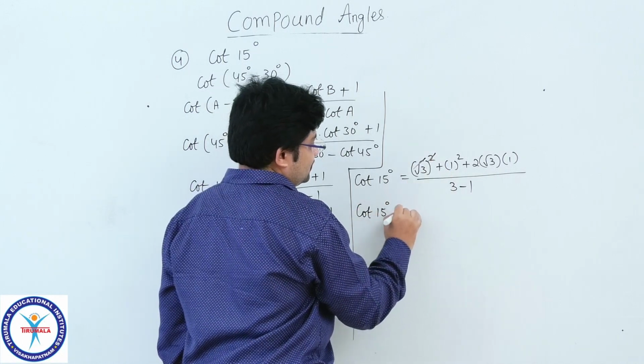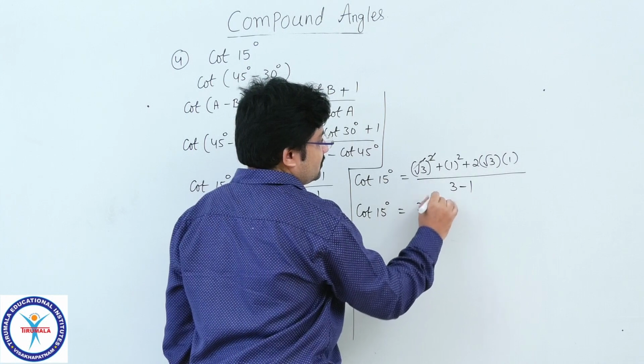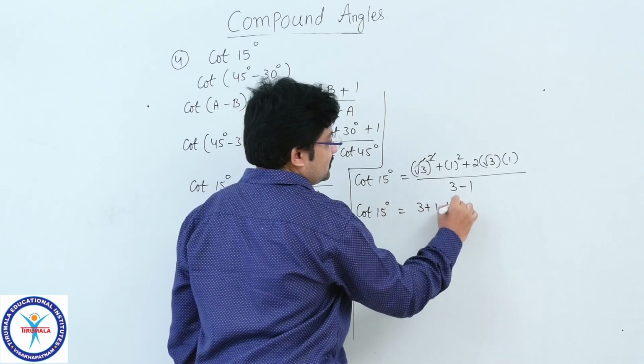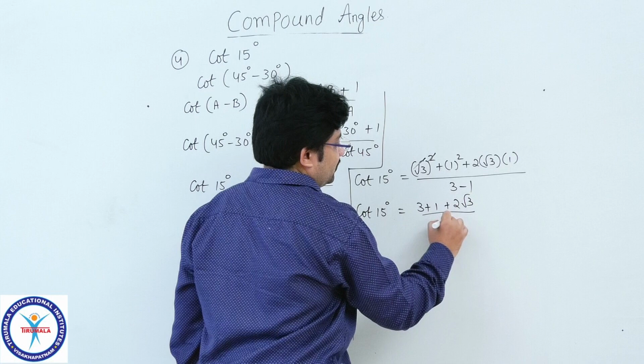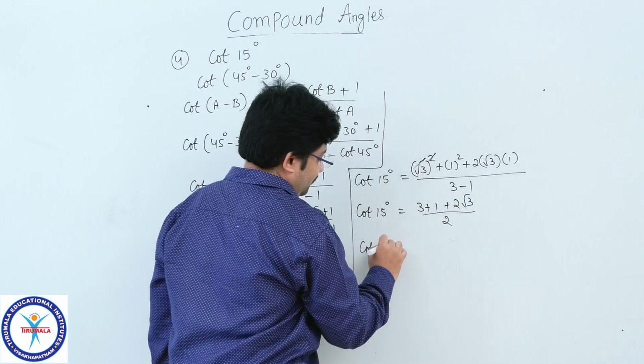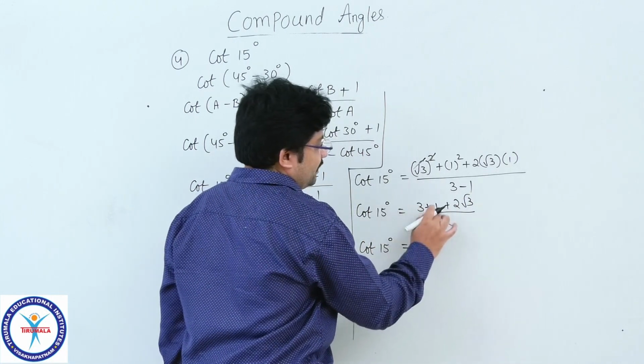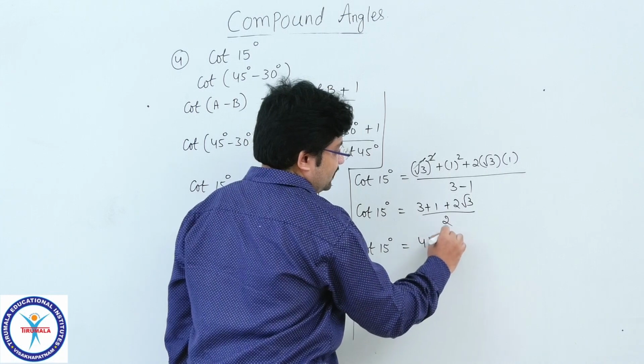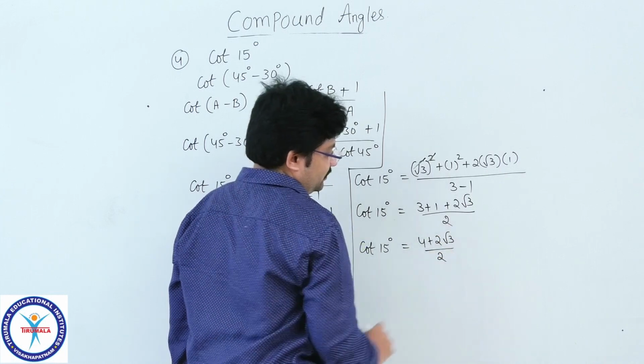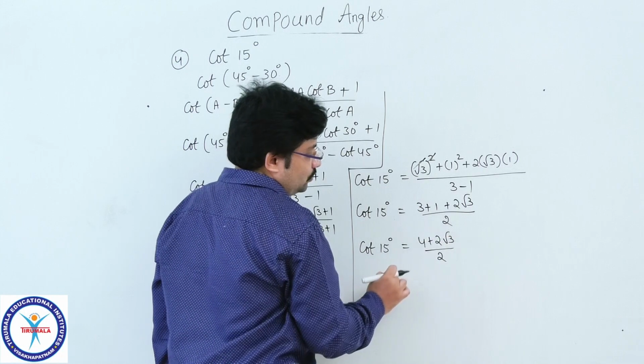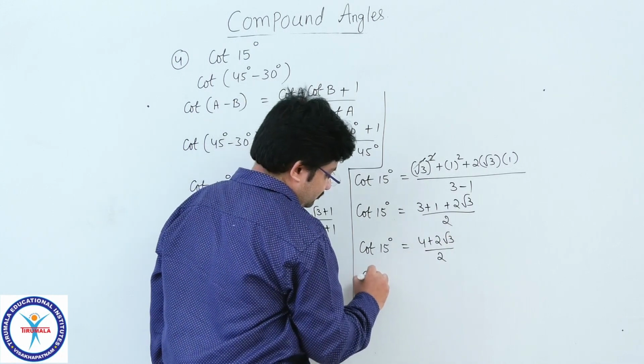Cot 15 degrees is equal to 3 plus 1, square is 1, plus 2 root 3, by 2. Cot 15 degrees is equal to 3 plus 1 is 4, plus 2 root 3, by 2. We can take 2 as common in the numerator.